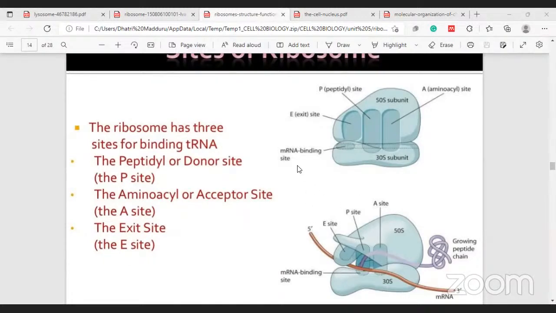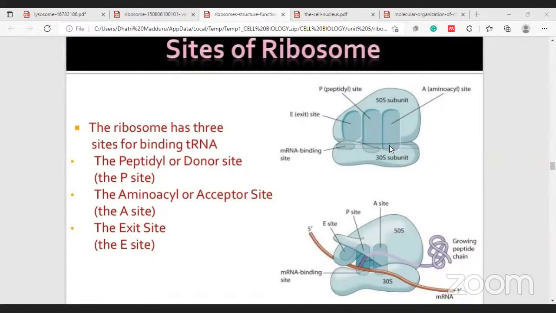So here you can see this is the mRNA, and to the mRNA the smaller and larger subunits will come and attach, and they will scan this mRNA. Whenever they start scanning, the tRNA comes to the amino acid site, and that will give the amino acids, and slowly they will be added to the growing polypeptide chain in the P site.